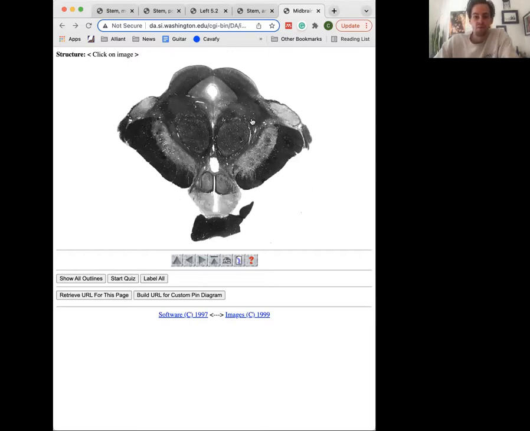Reticulum, very tellingly, means little net, which helps us to visualize these complex networks of neurons. The reticular formation occupies the core of the brainstem.